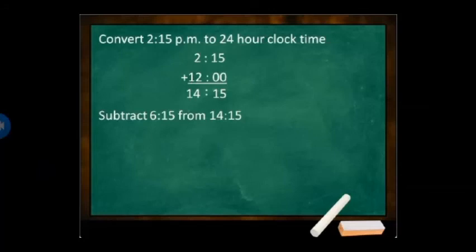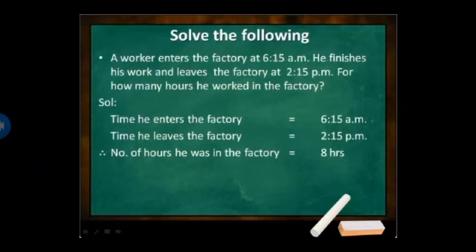Now you have to subtract 6 hours 15 minutes from 14 hours 15 minutes. So 15 minus 15 is 0. 14 minus 6 is 8. So he works in the factory for 8 hours.